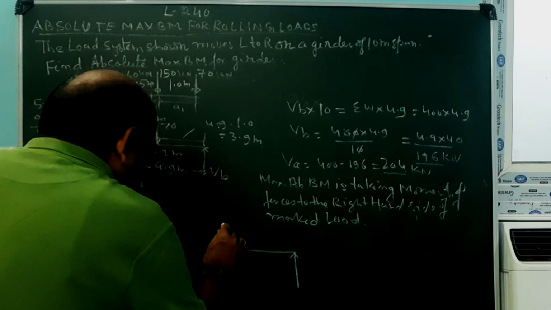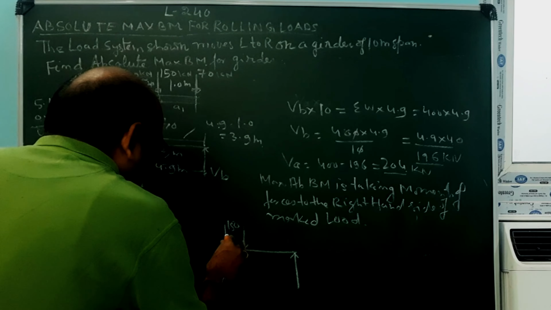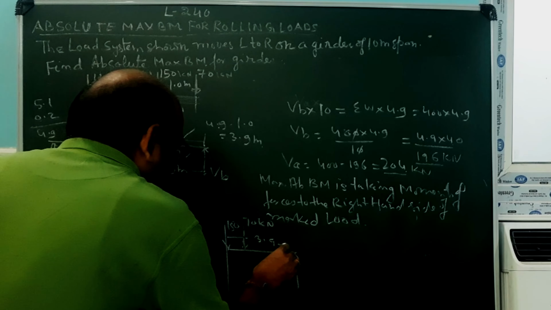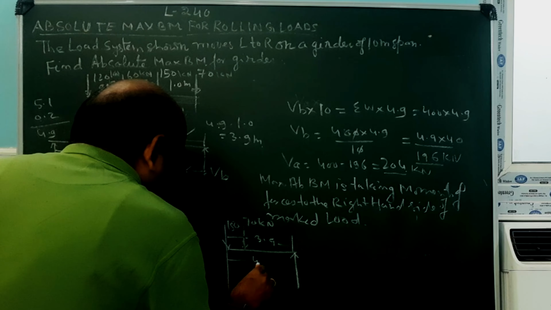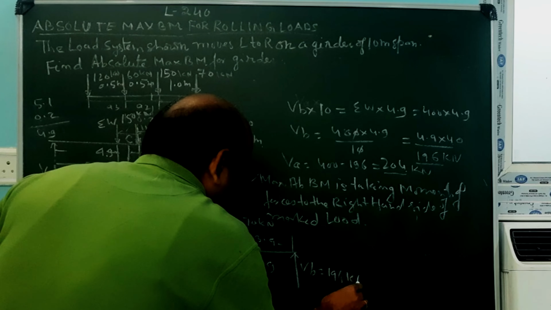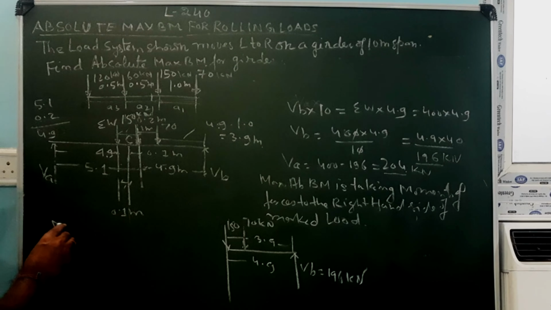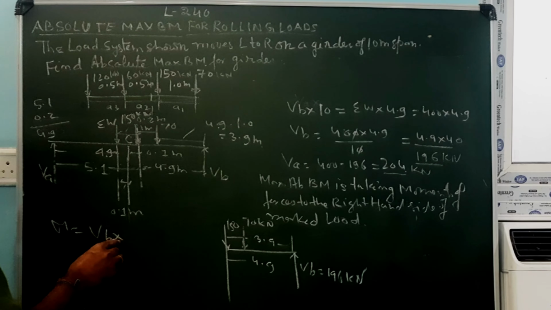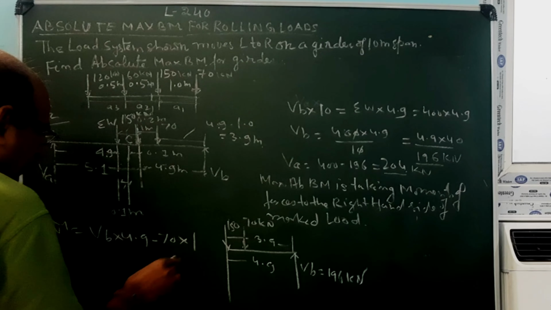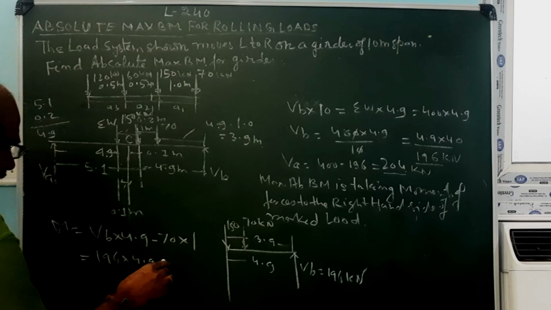This is your marked load 150, and this is 1 meter to the 70 kilonewton. This is 3.9 meter, and this is your 4.9 meter. BB equals 196 kilonewton. So you are taking moment about this. The moment will be BB into 4.9 minus 70 into 1, so 196 into 4.9 minus 70.